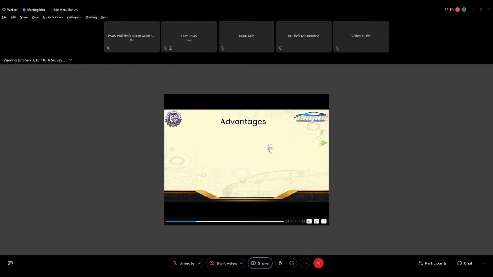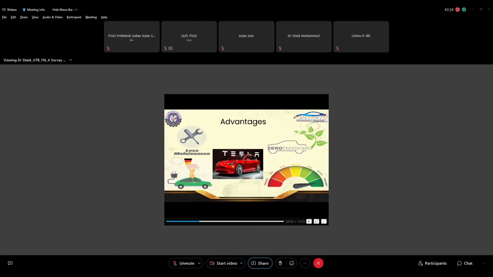Electric cars offer several advantages. Electric cars are absolutely emission-free. The operational cost and maintenance cost of the vehicle are less. The efficiency of the vehicle is higher when compared to internal combustion engine vehicles, and the maintenance is comparatively less due to the fewer parts when compared to internal combustion engine vehicles.